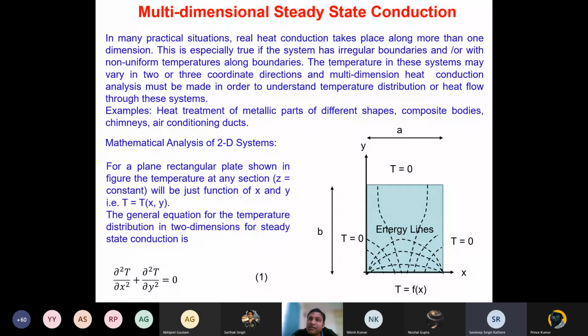So all these questions become extremely relevant even in today's life. All these heat transfer equations were solved almost 50-70 years ago, but these are still relevant in practical applications today.